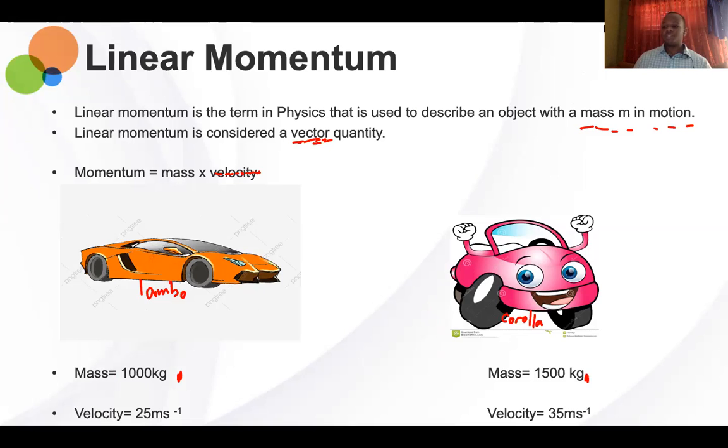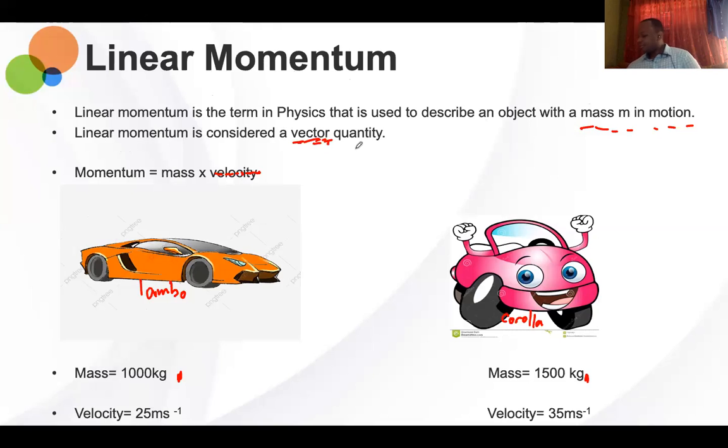So we say an object is moving north at 10 meters per second. We are missing something here: how big is that object. We want to describe everything about that object. So that's where momentum comes in. It is used to describe an object with a mass m in motion. So linear momentum is considered a vector quantity.